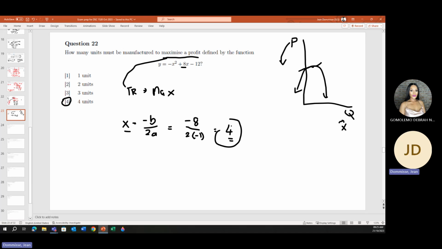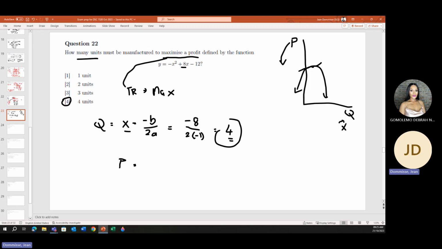But if you wanted to check what the price is, you can put the 4 back into Q or into this formula so that you can get what price is. So they just asked you how many units.